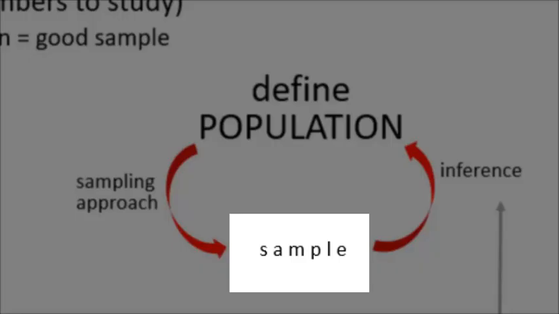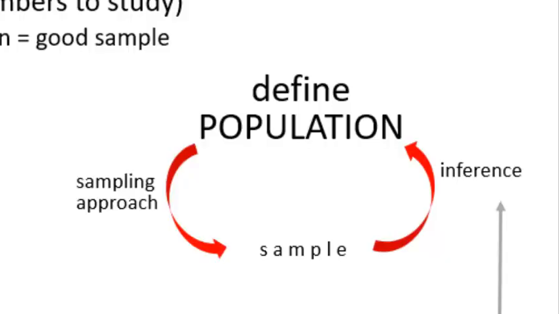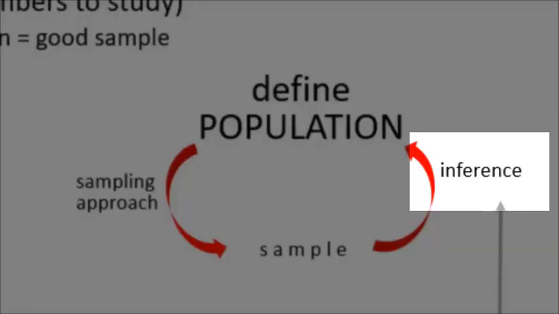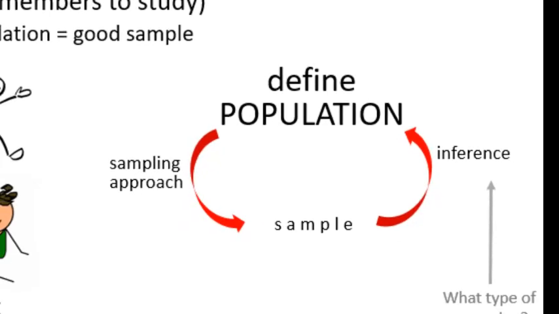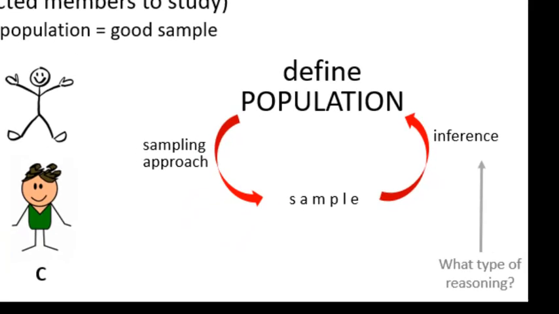Once you have your sample, you'll conduct your research. Then you infer that since the sample is representative of the population, your findings will represent or apply to the population. Let's quickly review from our last How Science Works lecture on reasoning.